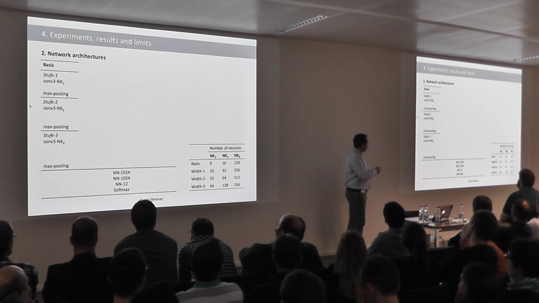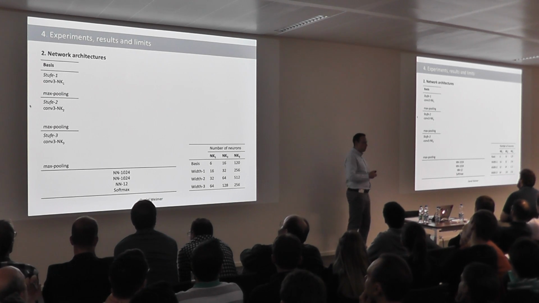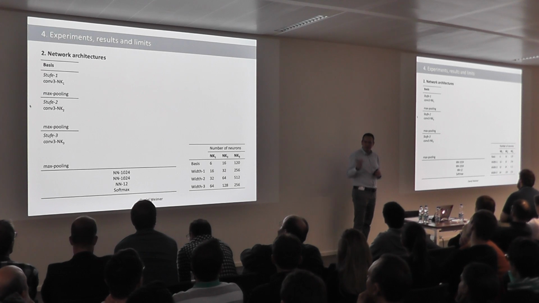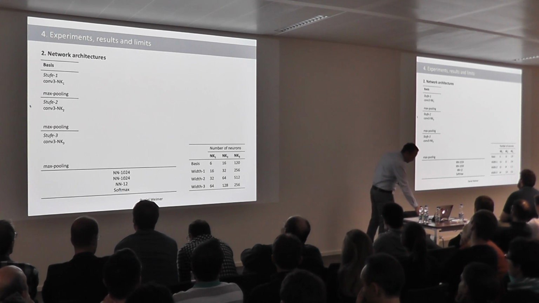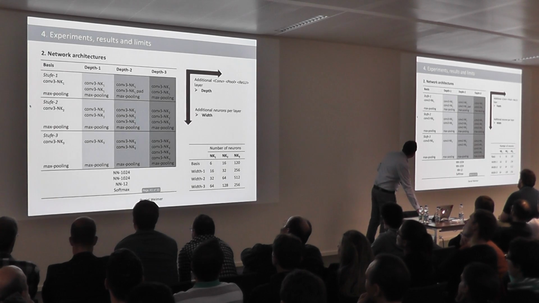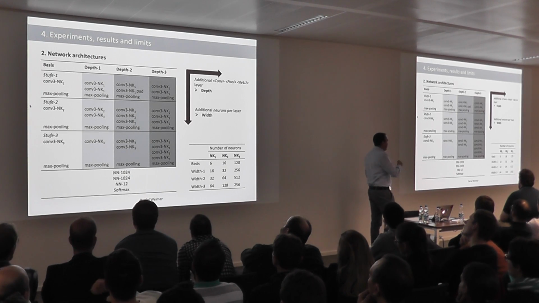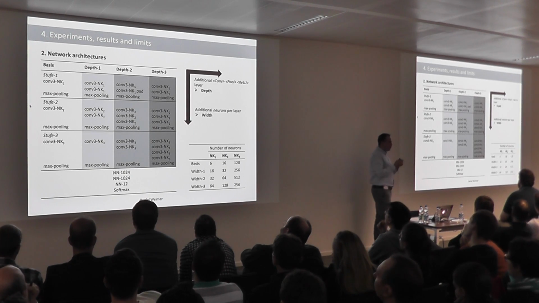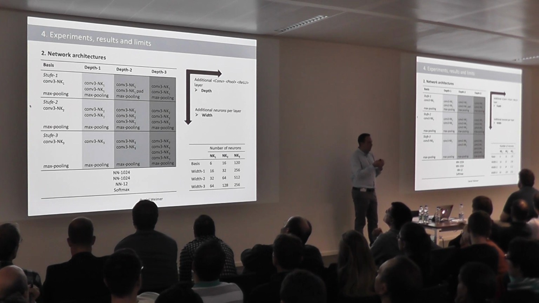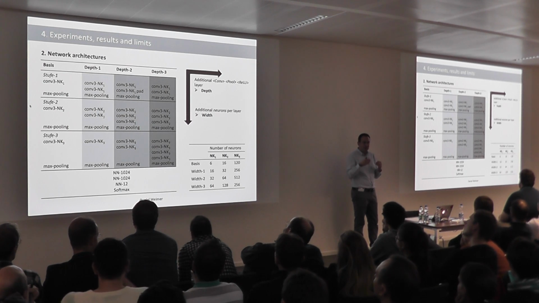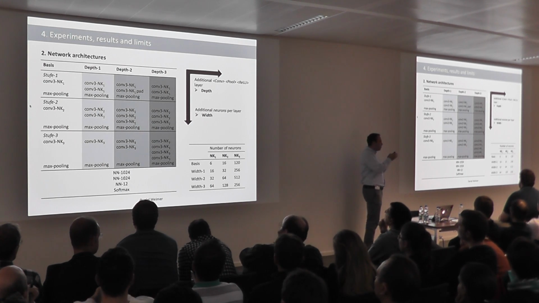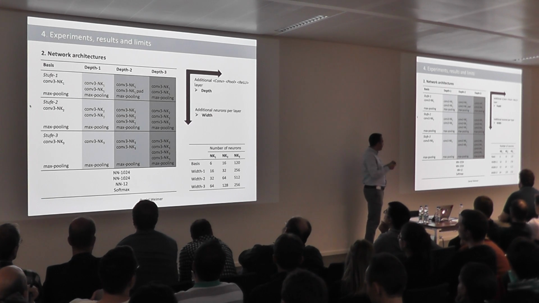Each stage had a convolution stage and a max pooling stage, followed by a nonlinear activation, a ReLU, or rectified linear unit. And from depth to depth, we added more hidden layers. Why? Because we want to find out how many hidden layers are necessary to have the best performance for our problem. This was the reason why we have done this kind of experiment. So we added layers from experiment to experiment.